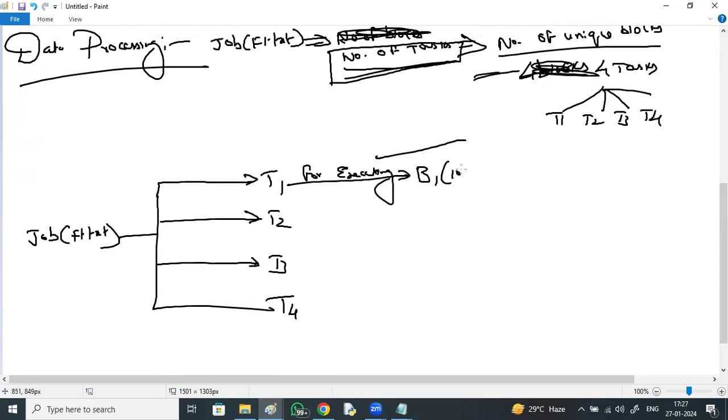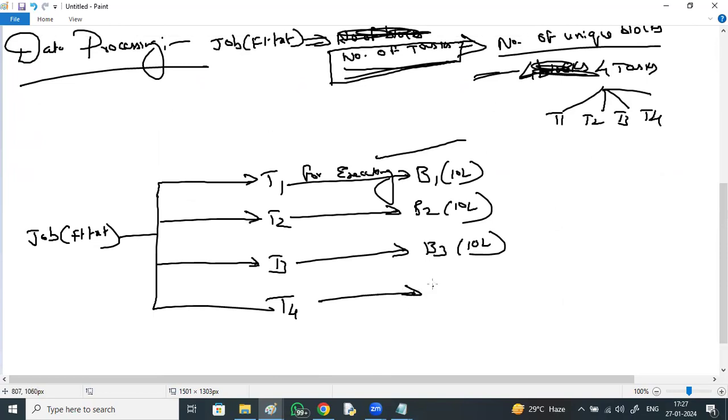T1 task is for executing B1, T2 task for B2, T3 task for B3, and T4 task for B4, each 10 lakh.